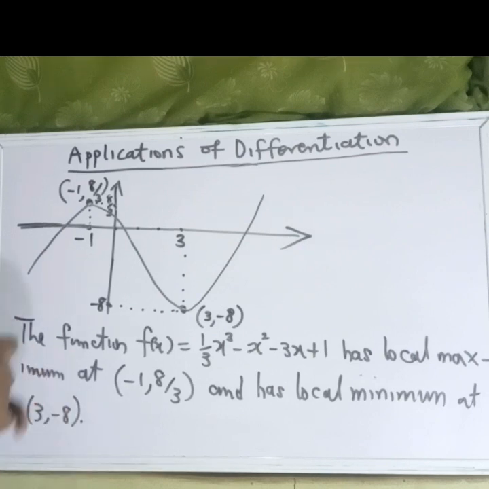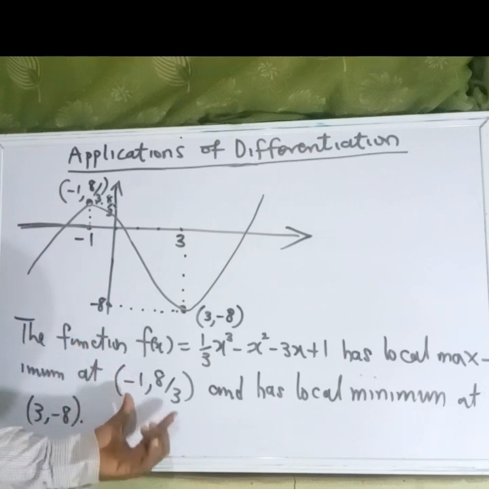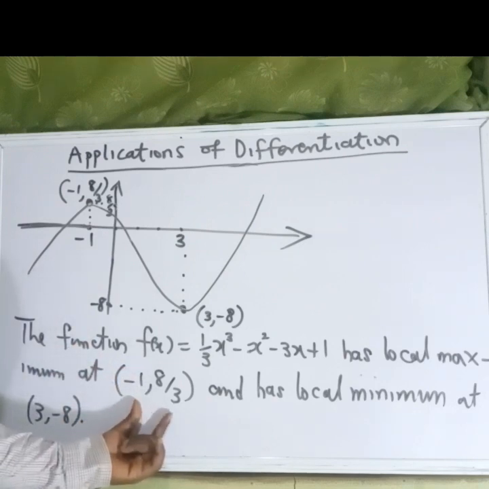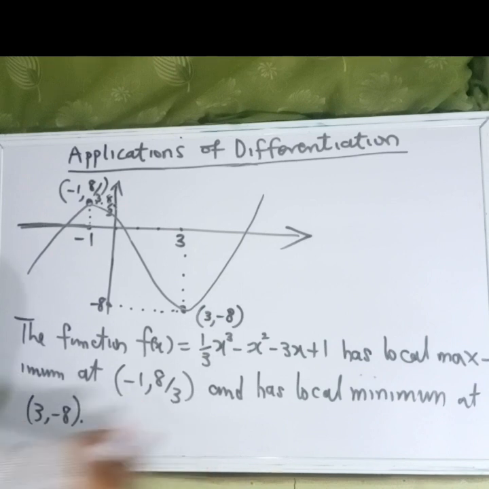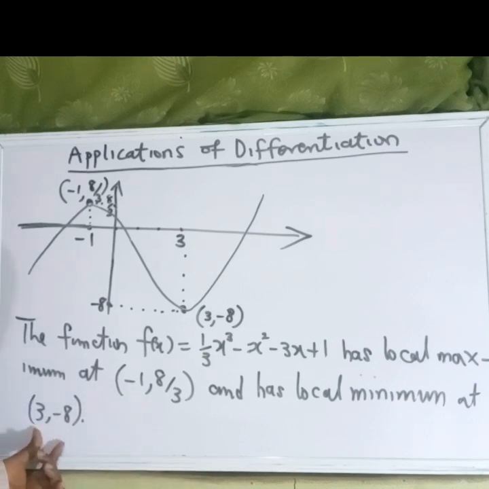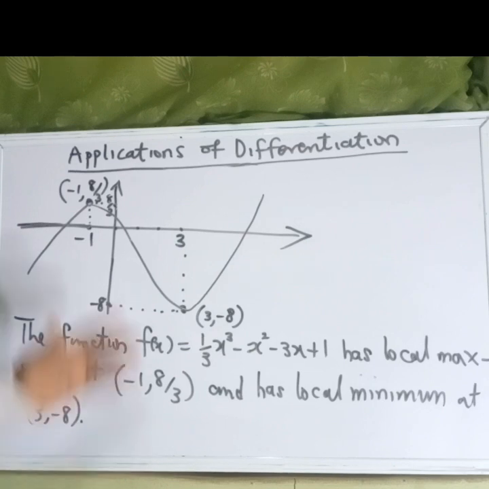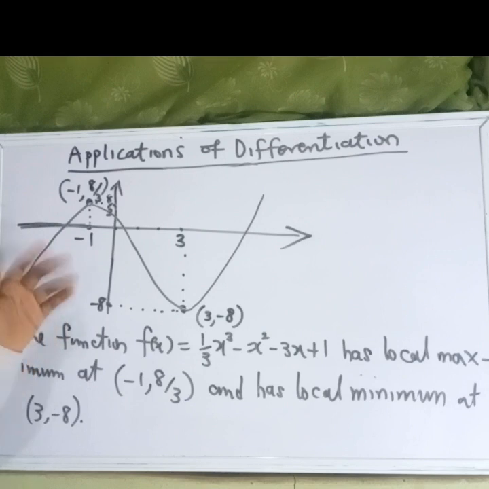As you can see here, the maximum value is -1 comma 8 over 3, and the minimum value is 3 comma -8. Okay, so this is how we use the first derivative test to determine the shape of a graph, or to determine the maximum or minimum of a function.